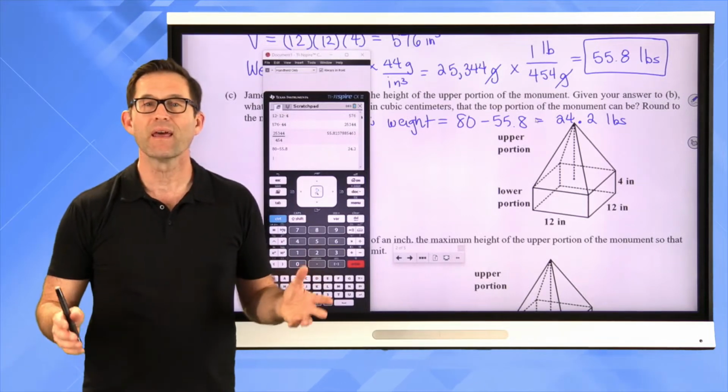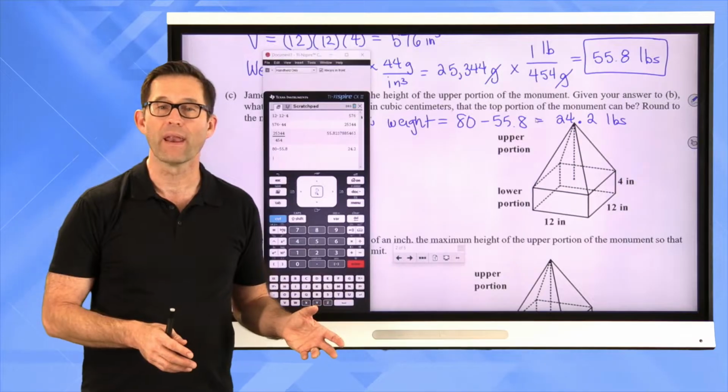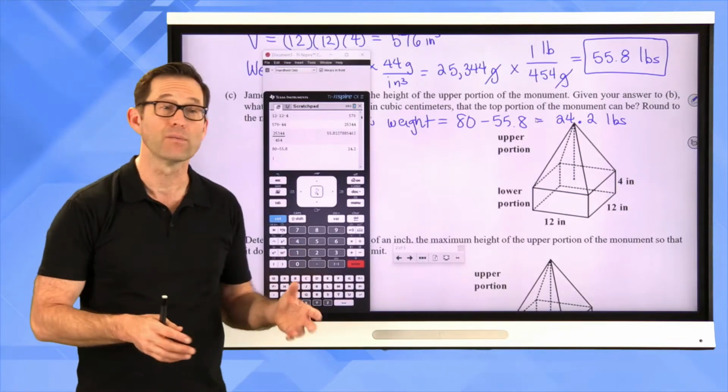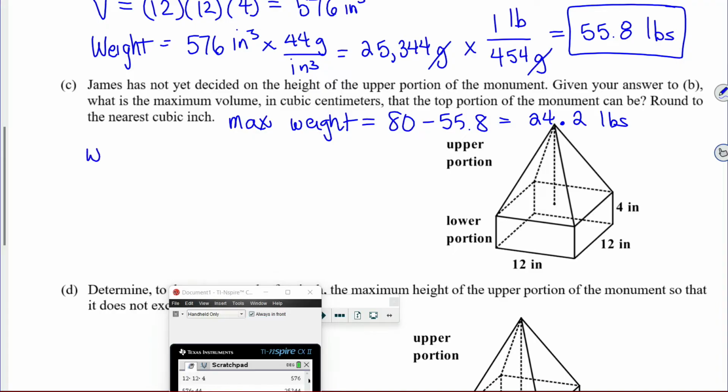But I really need to get it in terms of grams, because I know the density of the granite in grams, not in pounds. So that's easy enough. The weight in grams is going to be 24.2 pounds times 454 grams per pound.